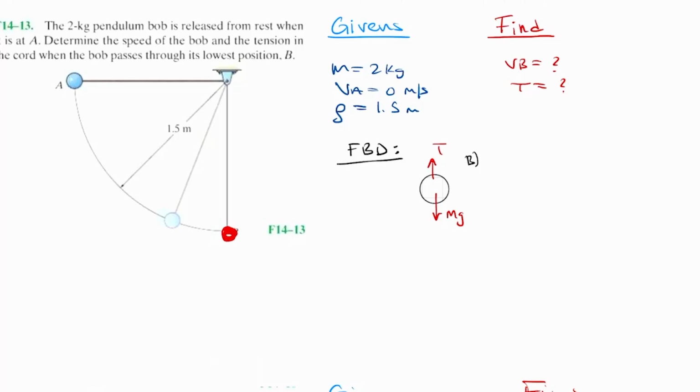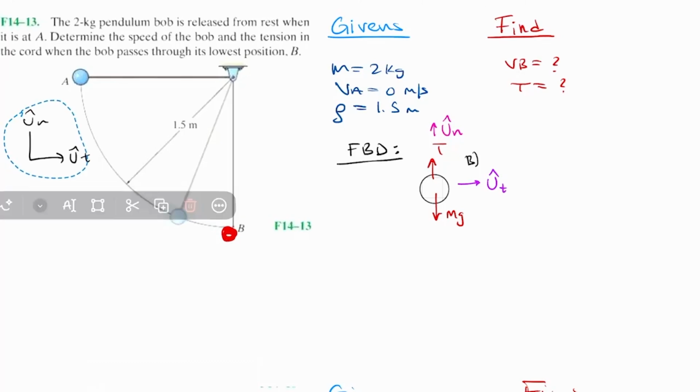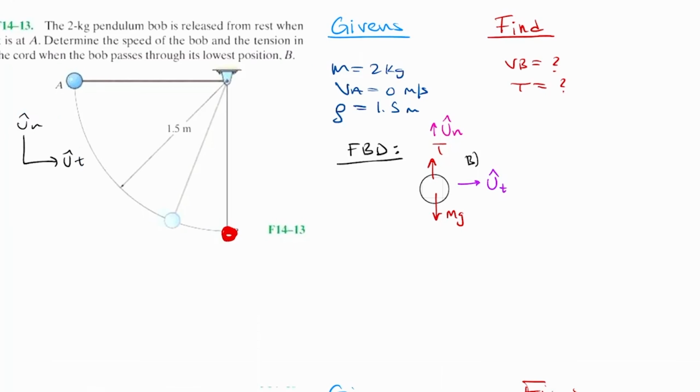And if we draw our directions, we can do normal and tangential, so u hat N will be towards the cable, and tangent to it will be our tangential direction, u hat T.